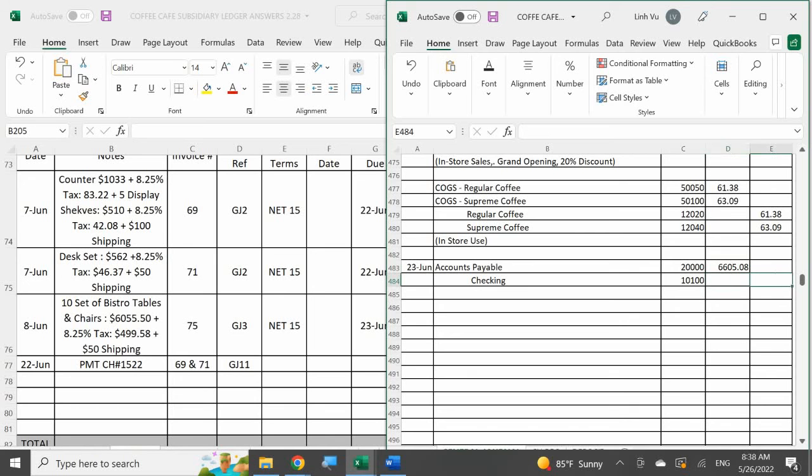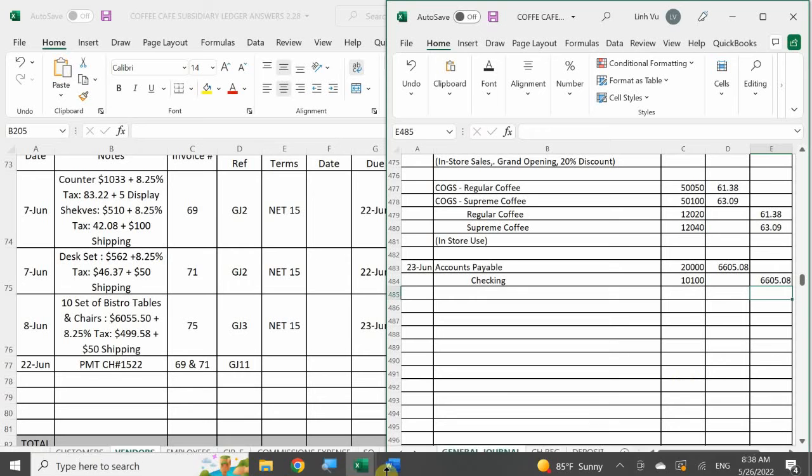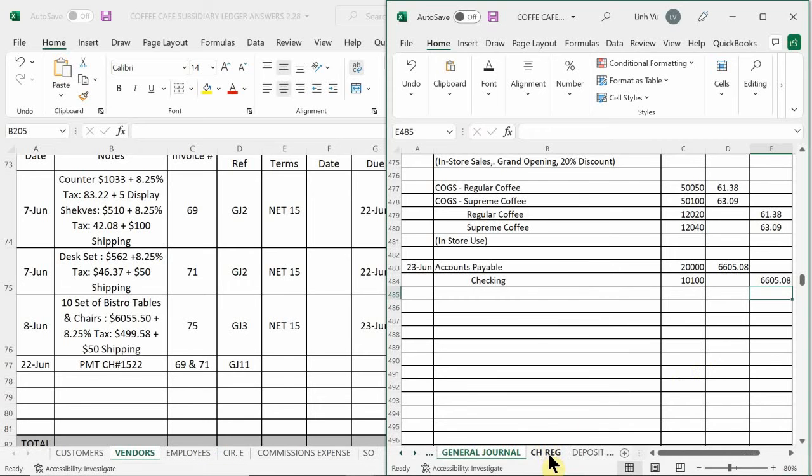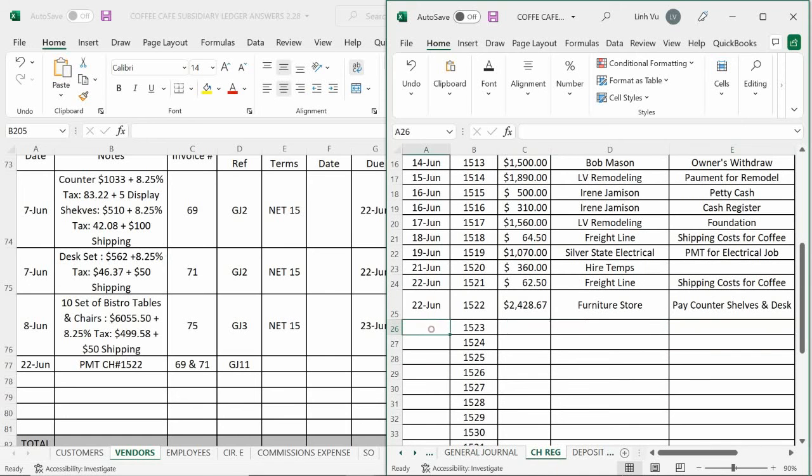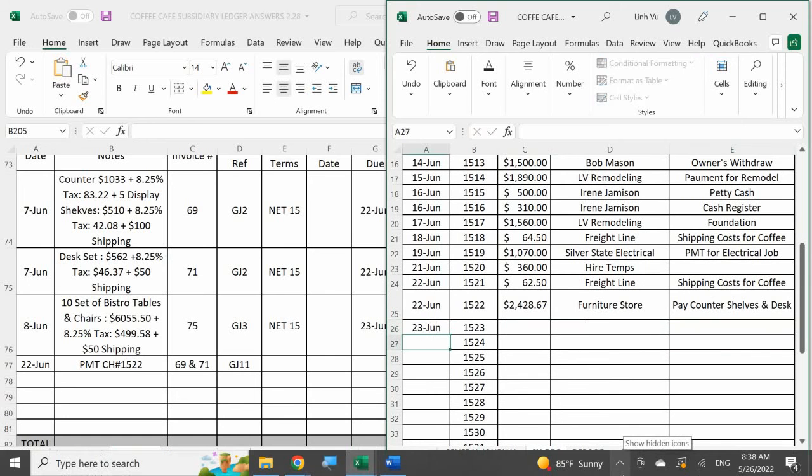Okay? So now I need to go write my check. So I'm going to be using check number 1523 for the $6,605.08 to furniture store.